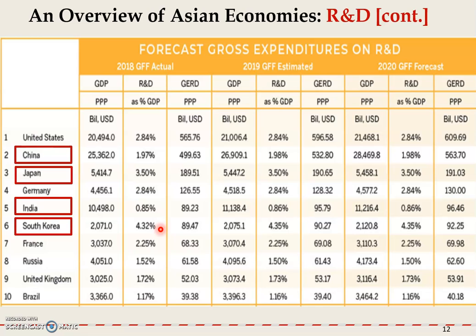And this number again for 2020 is 4.35%. It's still pretty high. They spend a lot on research and development. Again, one reason this is possible among these Asian economies is because they saved a lot more in the first place.